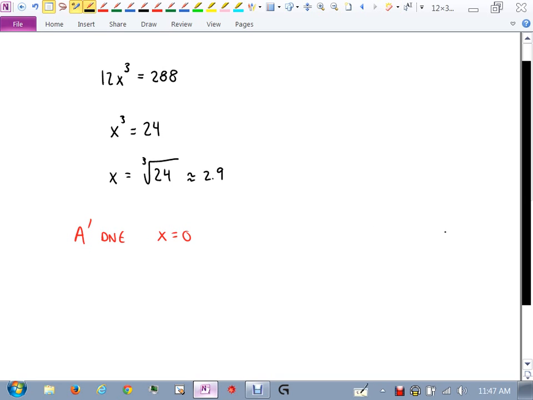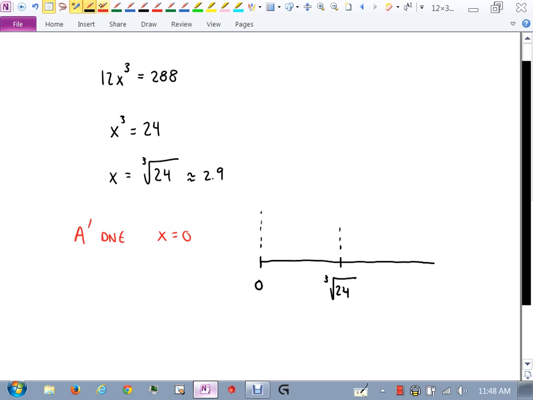Wow. Can't draw a straight line. I'm going to have the cube root of 24 here. I could put 0, but remember, 0 does not exist to the left of it anyway. It's not in the domain, right? X being negative doesn't make sense. It's the length of a side of a box.